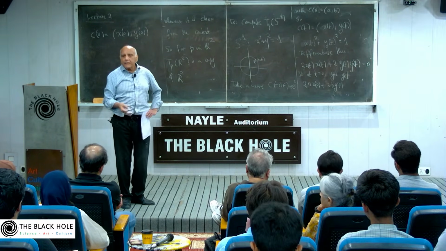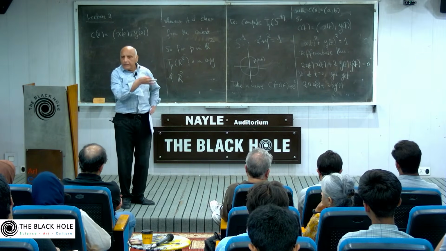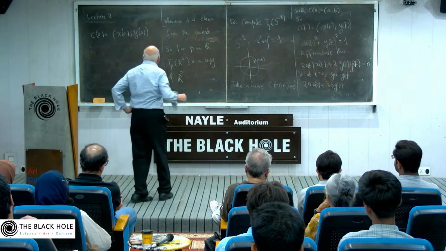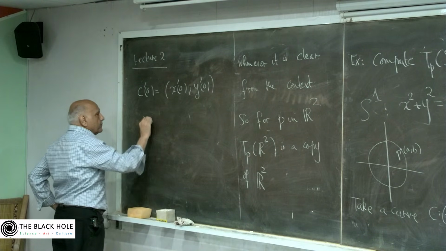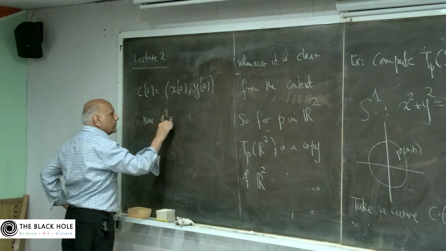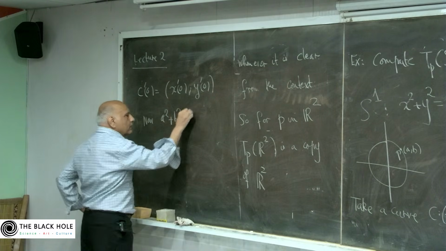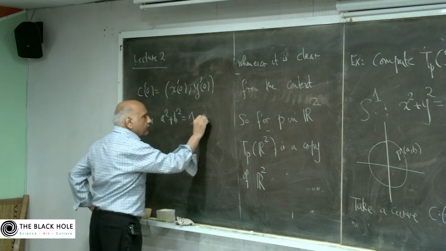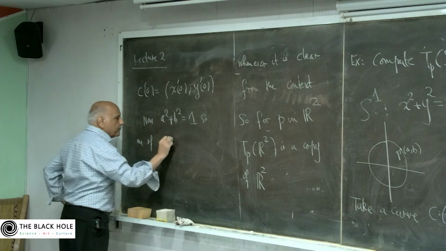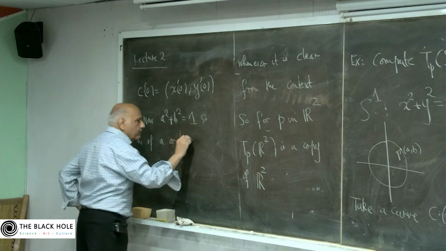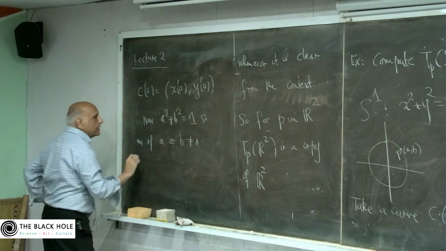So suppose one of a or b, say a, is not 0.